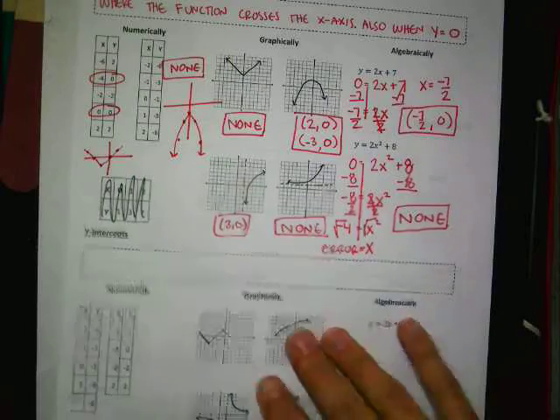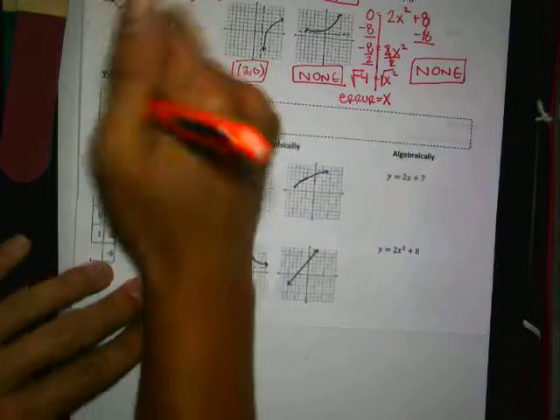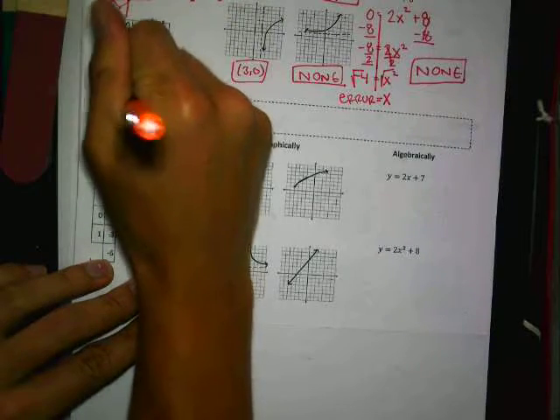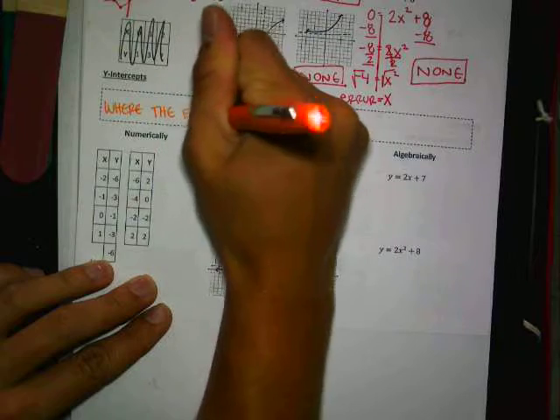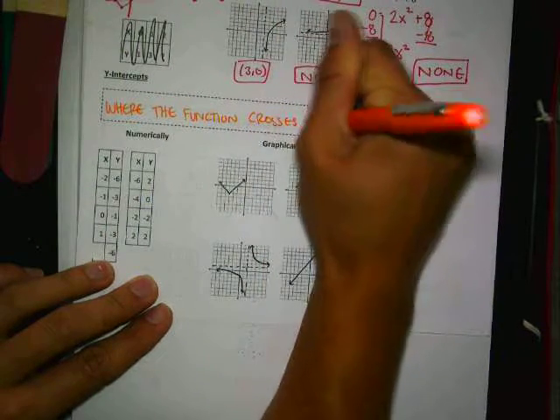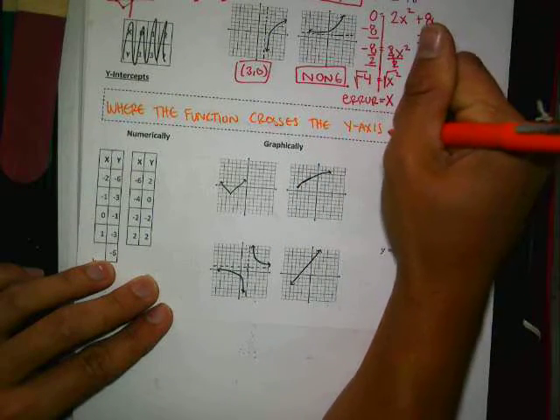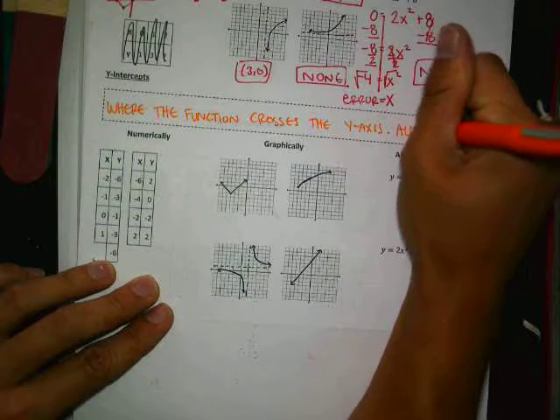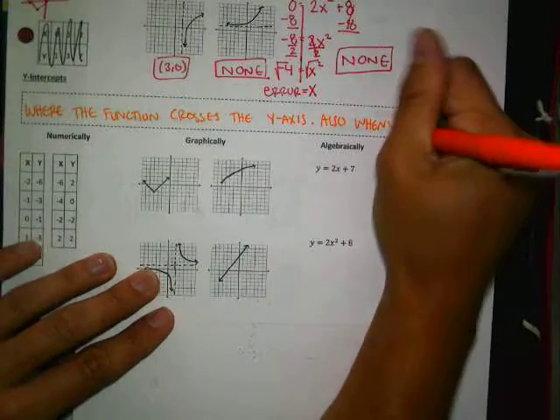All right, let's go to y-intercepts. It's pretty similar. Y-intercepts are where the function crosses the y-axis and also when x is 0.